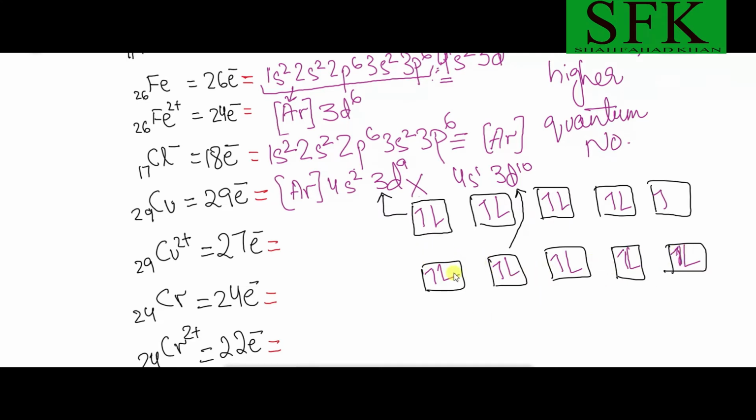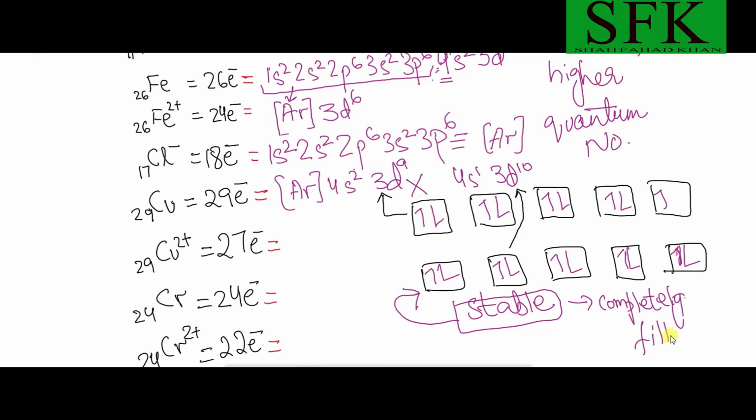Okay, now whenever the d orbitals are either completely filled or half filled, they become very stable. This configuration is very stable. Why is it stable? Because it's completely filled. The d orbitals can have a maximum of 10 electrons, and completely filled orbitals are very stable.